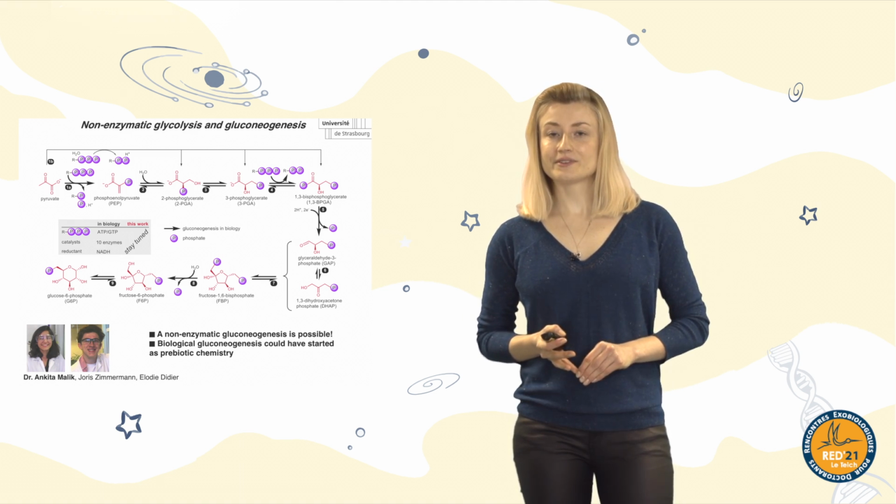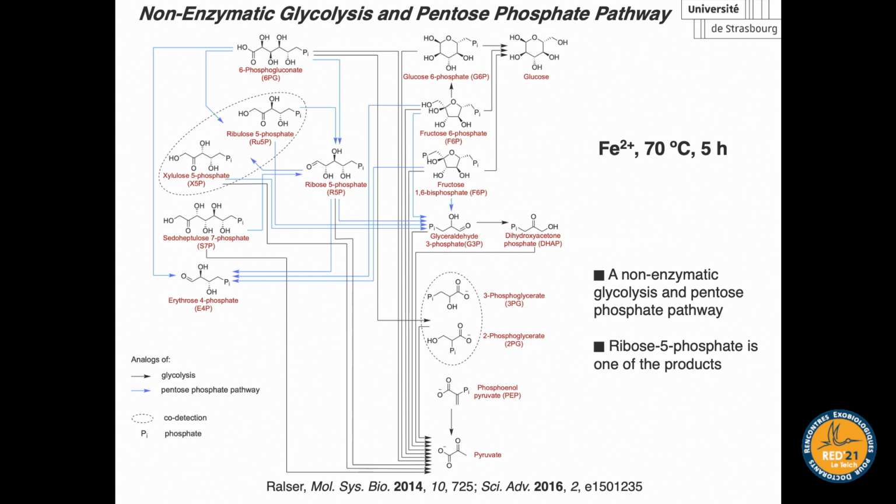Here I must also mention the work of Markus Ralser again. Back in 2014, well before we started to work on non-enzymatic analogs of biochemical pathways, these guys in the Ralser lab found quite serendipitously that a mixture of iron salts in 70 degrees Celsius warm water can break down sugars following the pathway of glycolysis and also the pentose phosphate pathway.